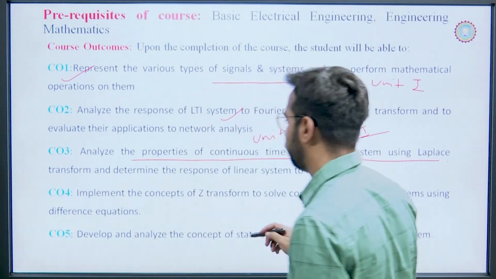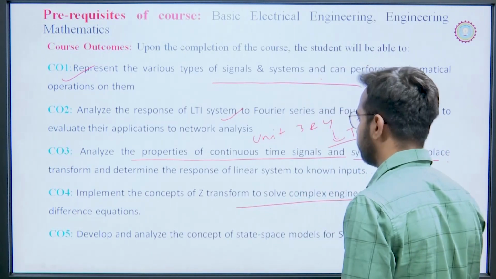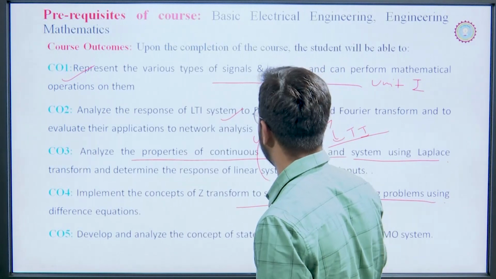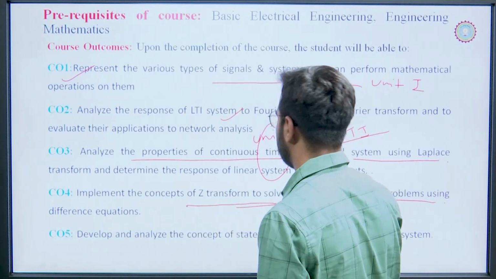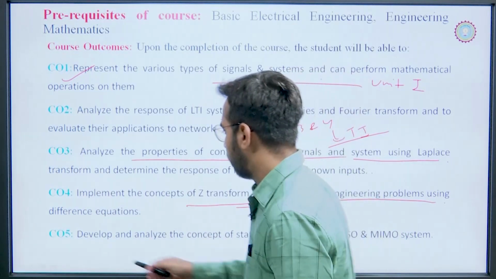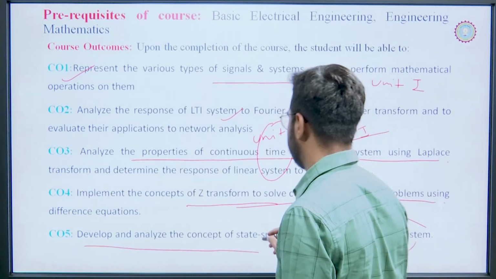Then CO4 is implementing the concept of Z transform to solve complex engineering problems, for discrete time signals. At last we have CO5, where we study the state space model.